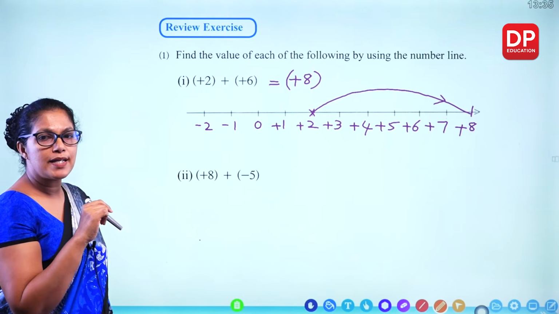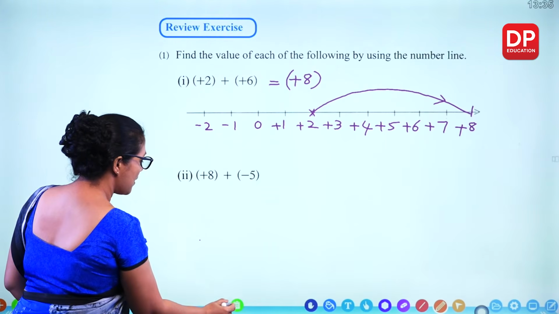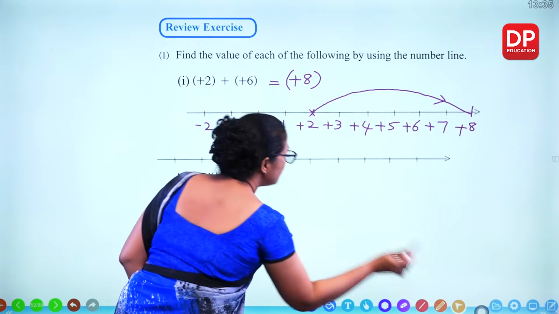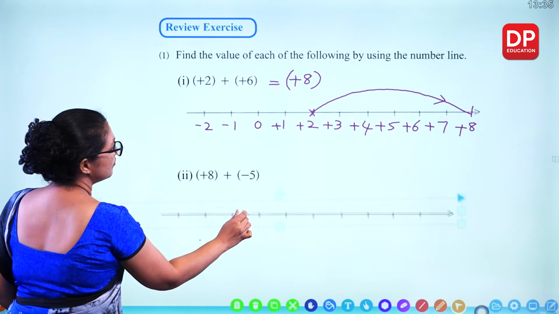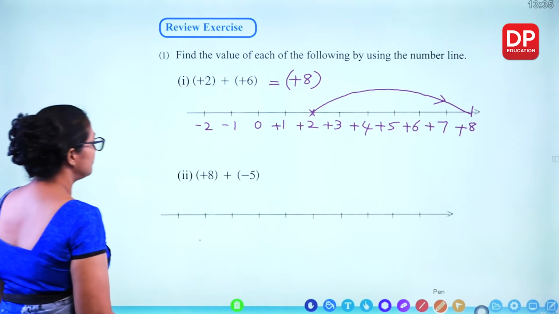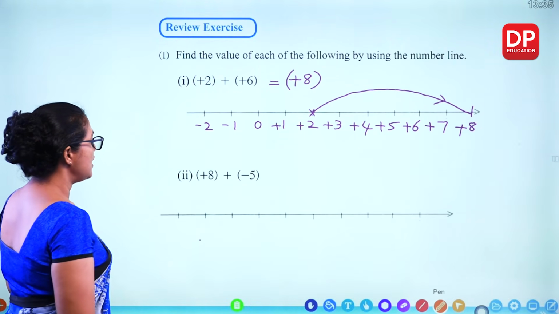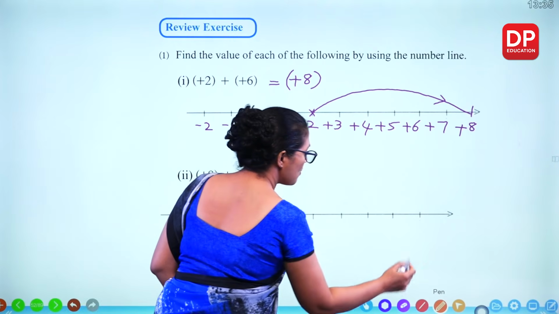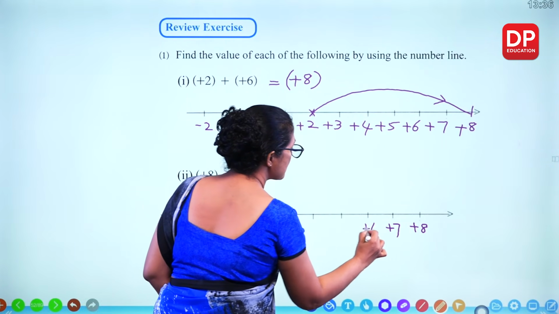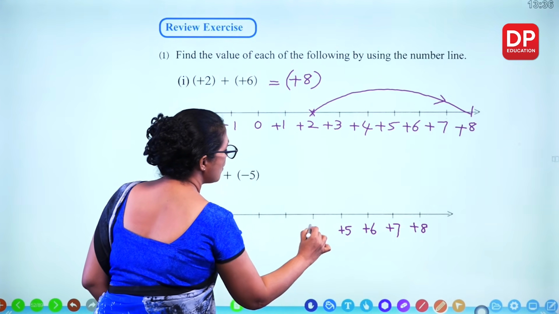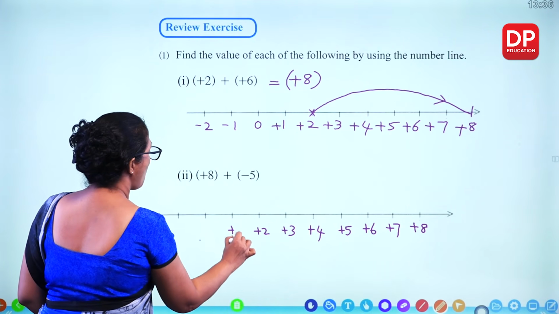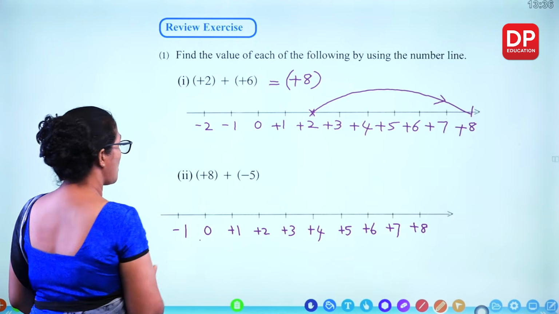Plus 8 and minus 5. So we'll take the number line again. So plus 8 is there. So we need 8. I'll mark this one as 8, 7, 6, 5, 4, 3, 2, 1, 0, minus 1.